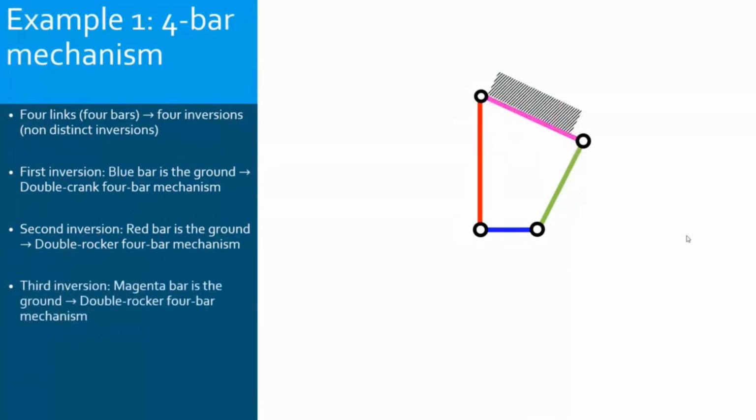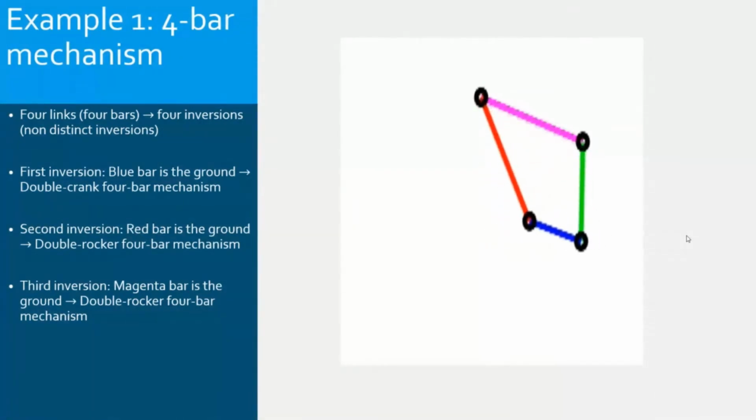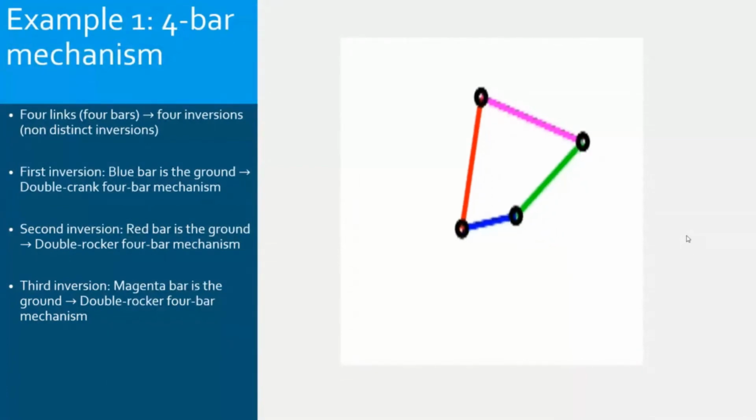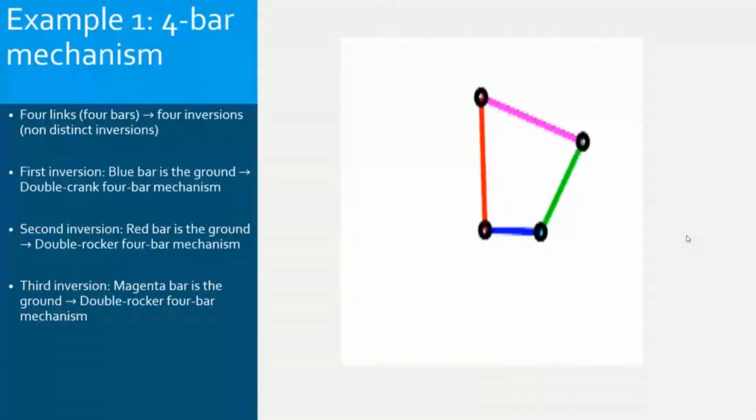Now the third inversion, in the third inversion I block the magenta bar, the pink bar, and this will also lead to a double rocker mechanism. Now the red and the green bars can only go back and forth.